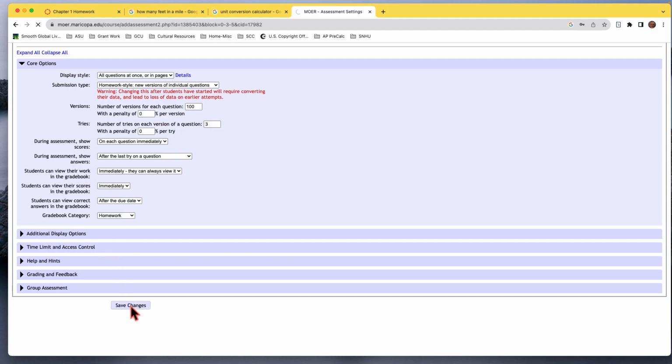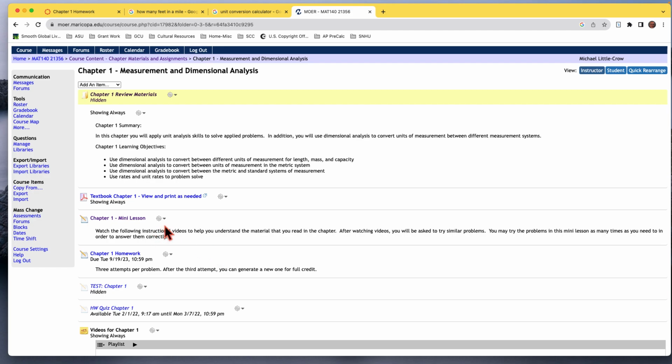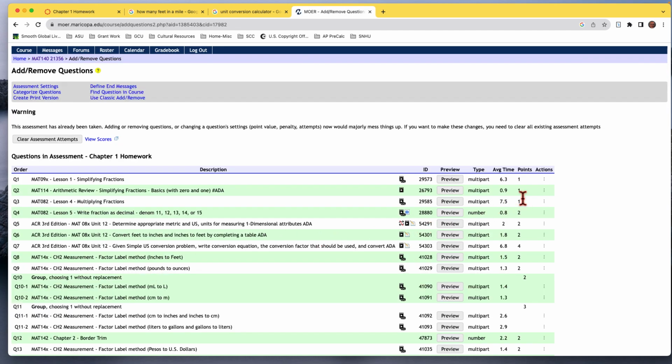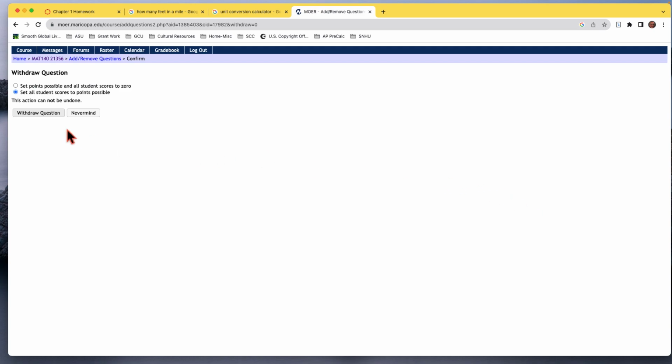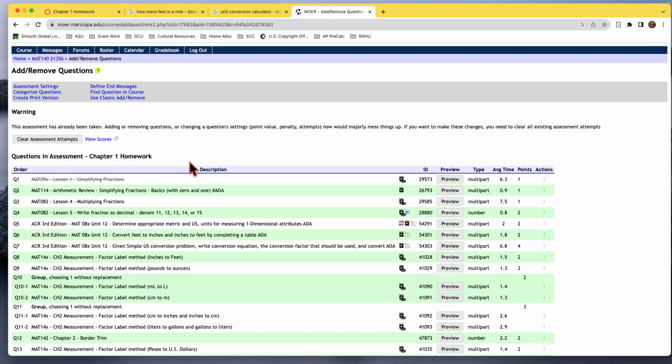Okay, I think I have to save changes. I think to delete them, questions. Let me just do that, because it's not that they're bad, but it's not really what I want you working on. I think I can withdraw it. Okay, so that's gone.